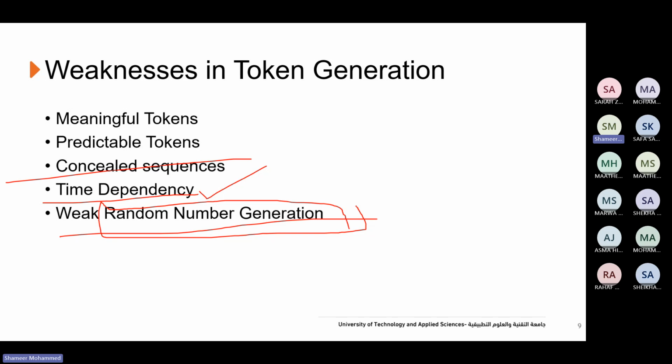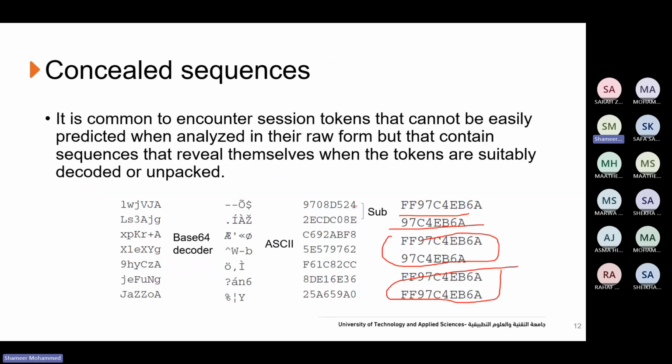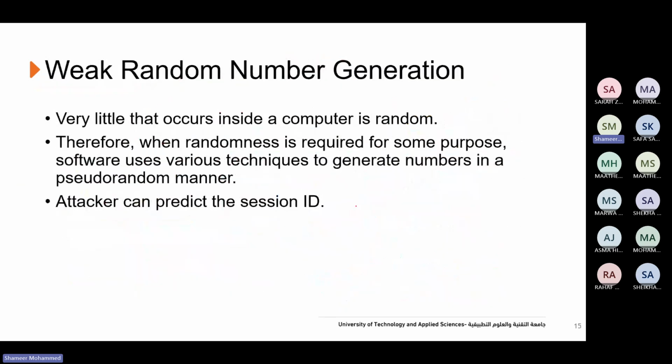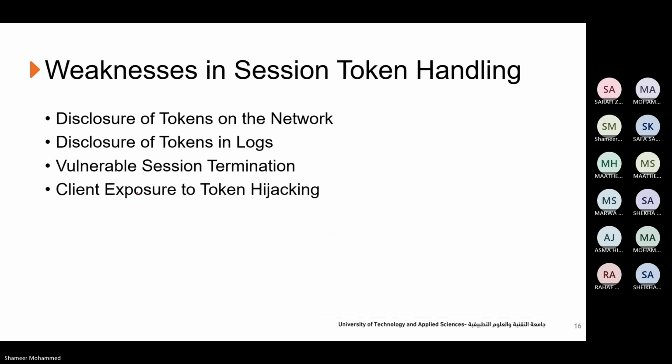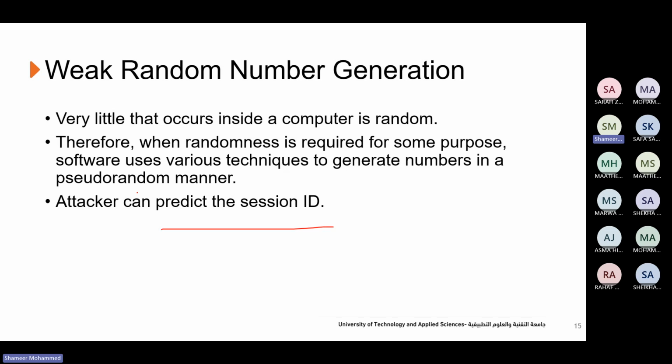Don't use that to generate your session ID or the session token, because the attacker can predict that session ID. Randomness is required for this purpose, so use various techniques to generate the number. These are the weaknesses in your token generation.